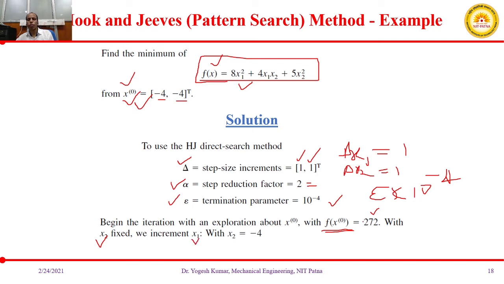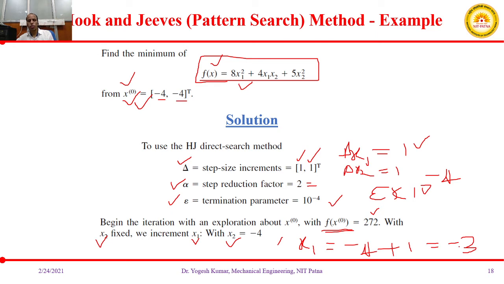So if we give an increment of 1 to x1, what will be the value? x2 will remain -4 and x1 will be -4 plus 1, equal to -3.